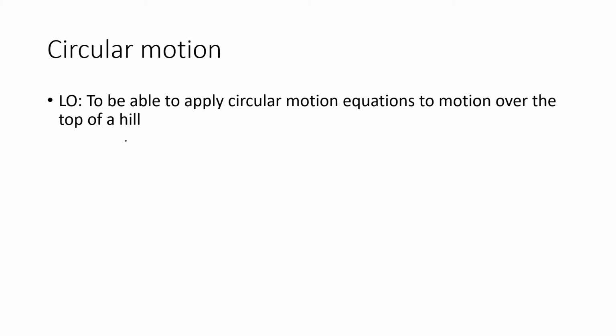The circular motion equations come from Newton's second law. We know Newton's second law, F equals ma. For motion in a circle, we can talk about the centripetal force that acts towards the center.